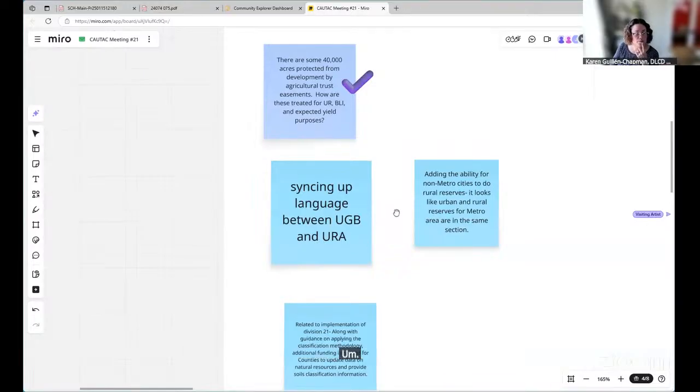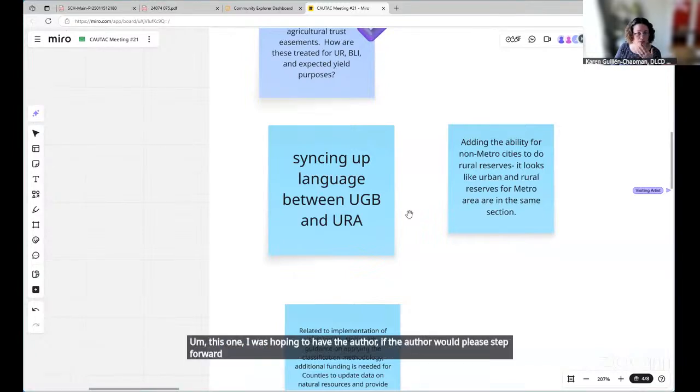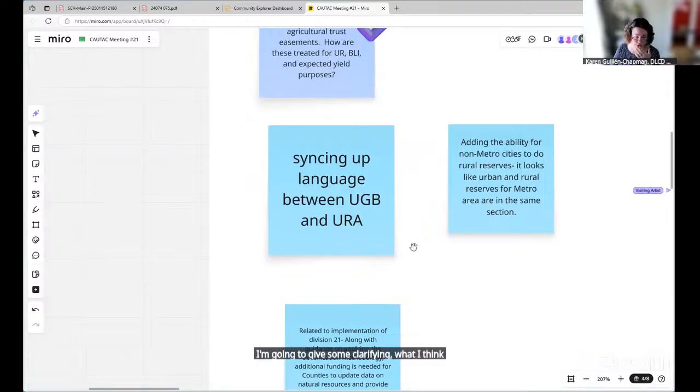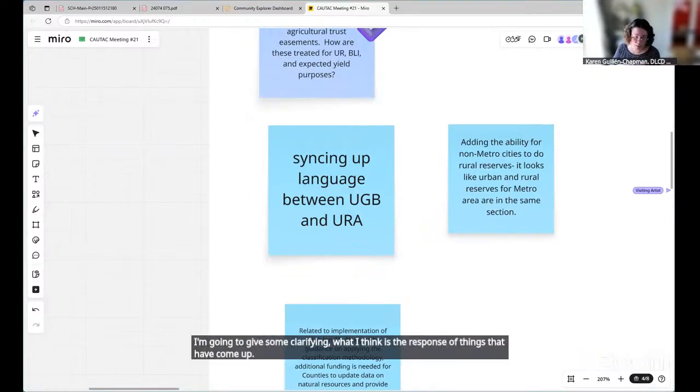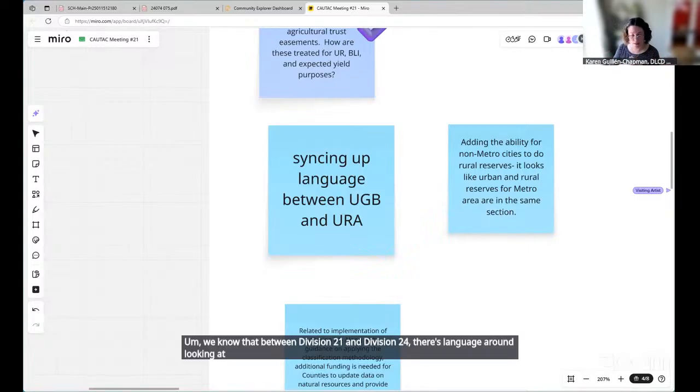This one, I was hoping the author would please step forward and give us a little bit more here. I'm going to give some clarifying, what I think is some responsive things that have come up. We know that between Division 21 and Division 24, there's language around looking at a study area analysis for a UGB amendment within half a mile or a mile, depending on the size of the city.